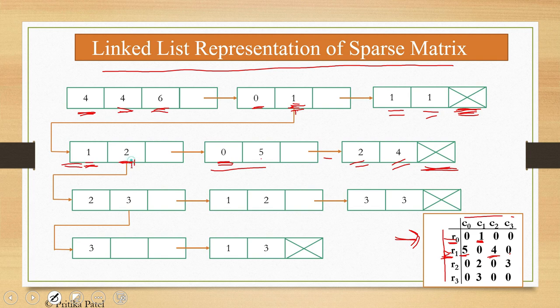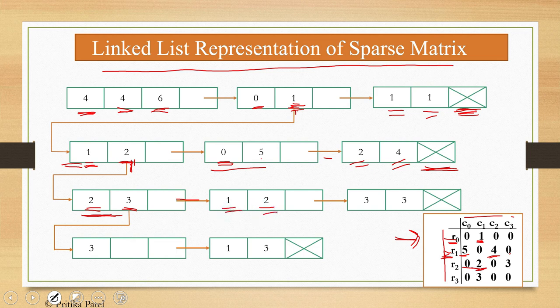Now the row node for row number 2 points to the next row, row number 3, and it points to the next column. So in the column node, column number 1 has value 2.